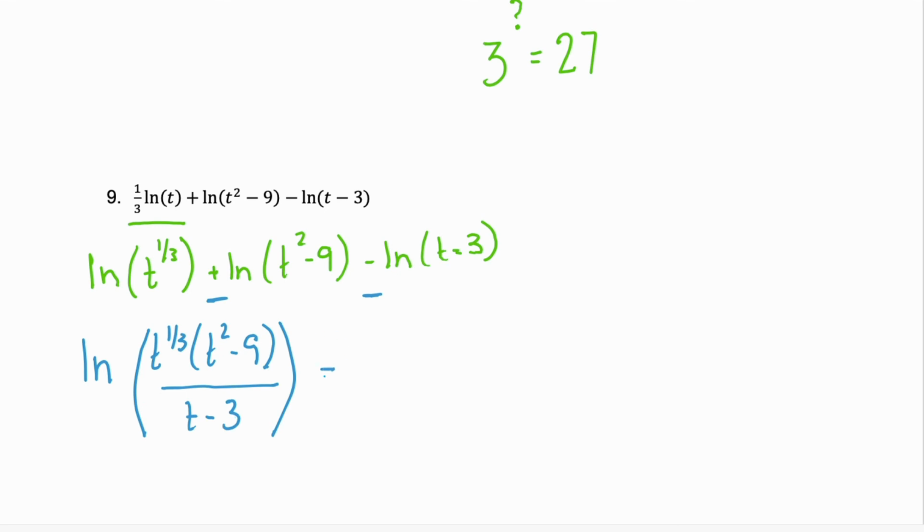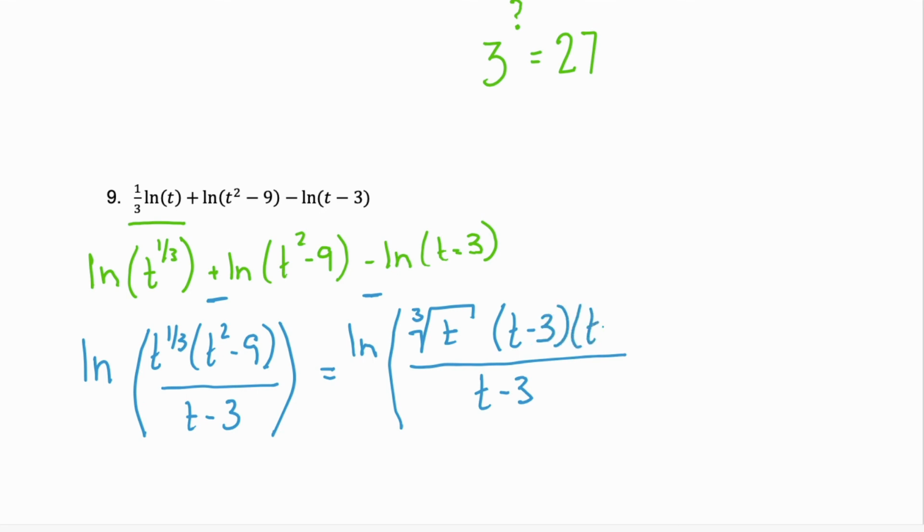Now let's simplify. In the numerator, t to the power of 1/3 is the same as taking the cube root of t. And notice our denominator has t minus 3 and our numerator is t squared minus 9. That is a difference of squares. So we can rewrite that as t minus 3 times t plus 3.